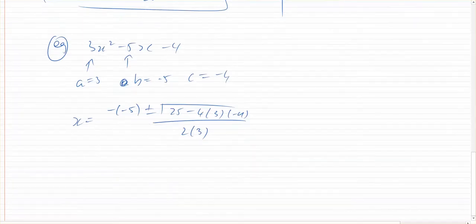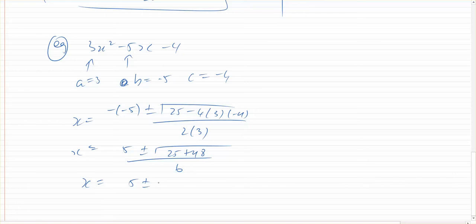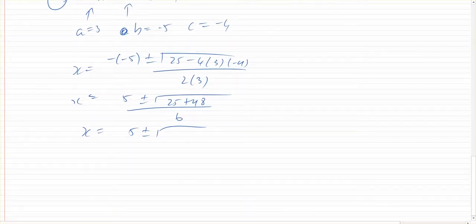So -(-5) is +5, plus or minus the square root of 25. 4 times 3 is 12, and 12 times -4 is -48, so minus -48 is +48. So x equals 5 plus or minus the square root of 25 plus 48, which is 73, all over 6.